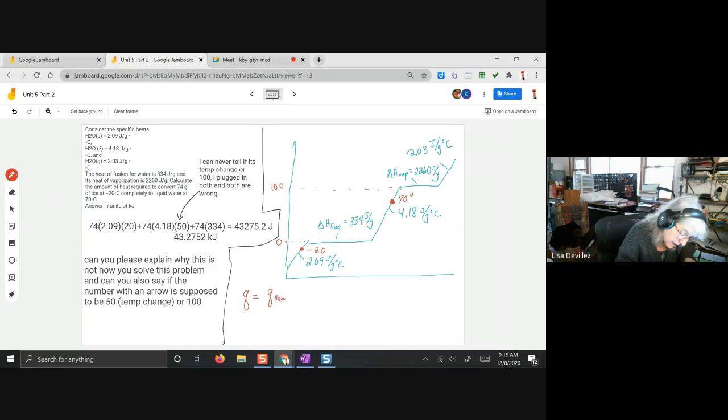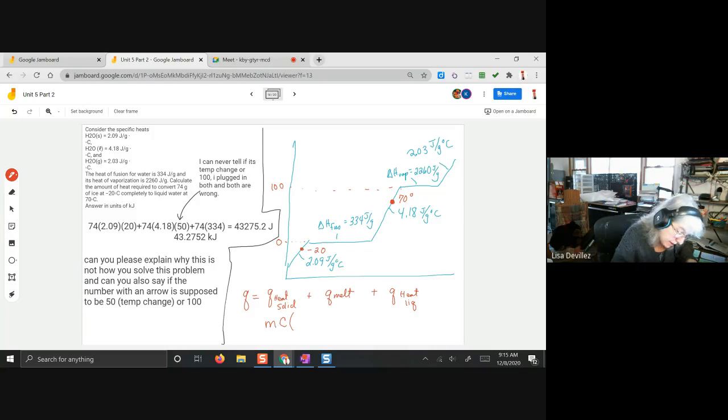Q, so I'm going to heat the solid, and then Q to melt plus Q to heat the liquid. All right, so heating the solid, I'm going to go, and we'll just do this in general here, because it looks like the focus here is on our temperature changes, maybe.